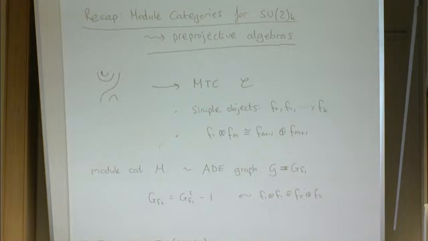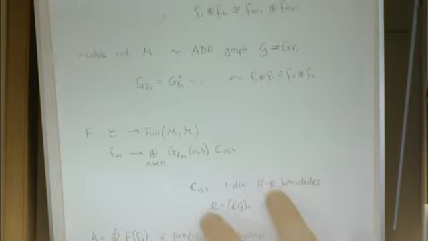So, for instance, we can get the action of F2 by taking G of F1 squared and then subtracting the identity, and that just follows from this fusion rule identity for F1 tensor F1.